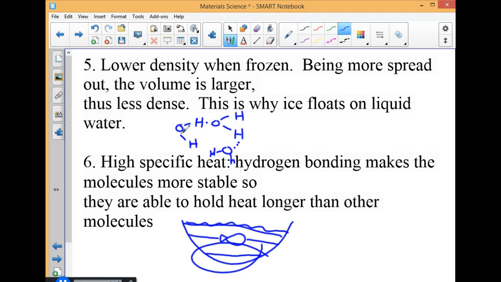If you had a fever and water had a low specific heat capacity, your organs would be damaged every time you were sick because you wouldn't have the water to absorb the heat. Since water has a high specific heat capacity, it has an enormous ability to absorb heat and not change temperature. This is the reason why it is so important that you stay hydrated when you have a fever.